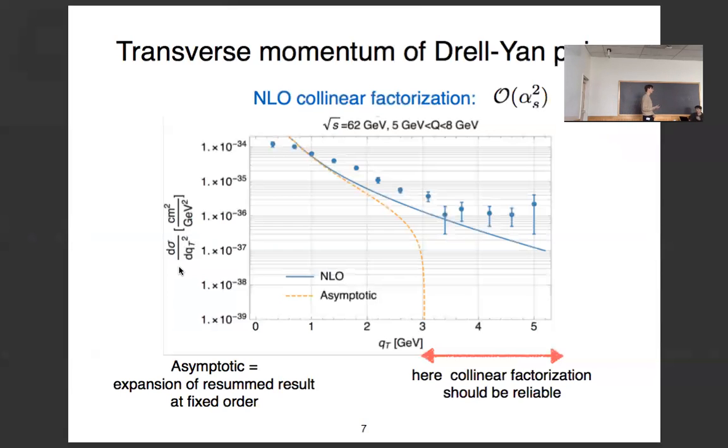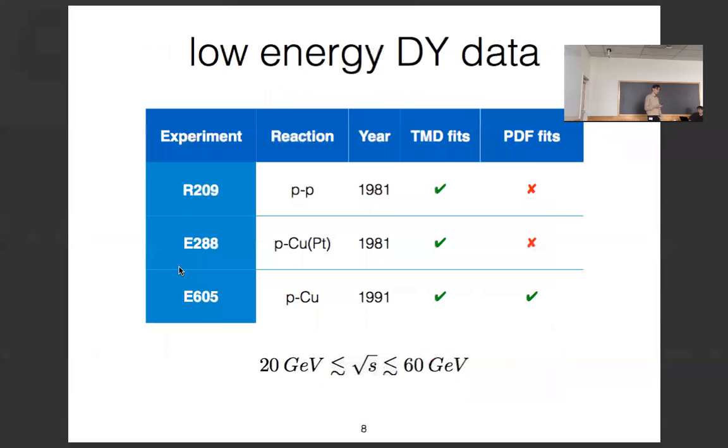So the next step is to look at all the available Drell-Yan data and see what the general trend is. It's worth spending a few words on the available data, because they are few and they often have issues.